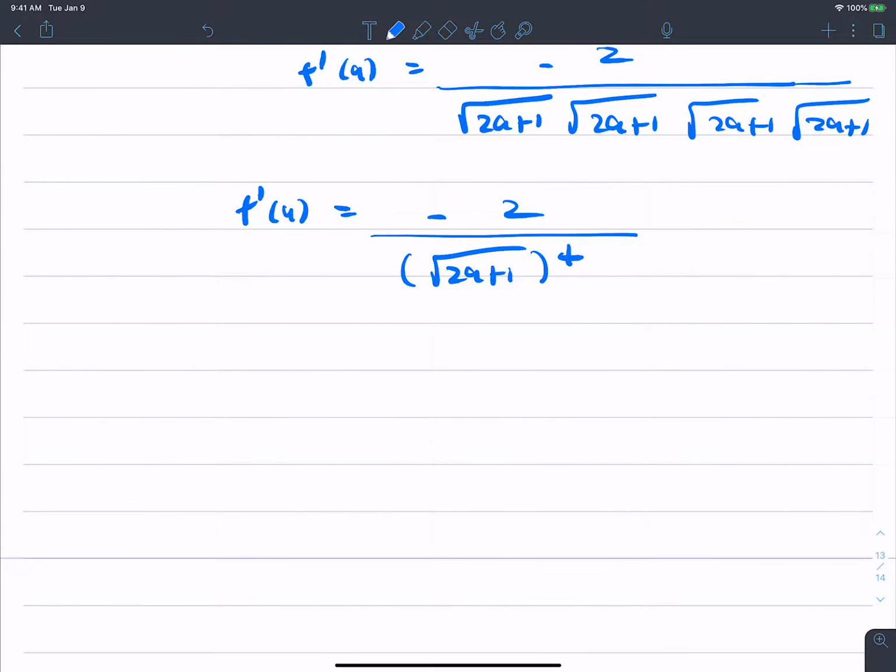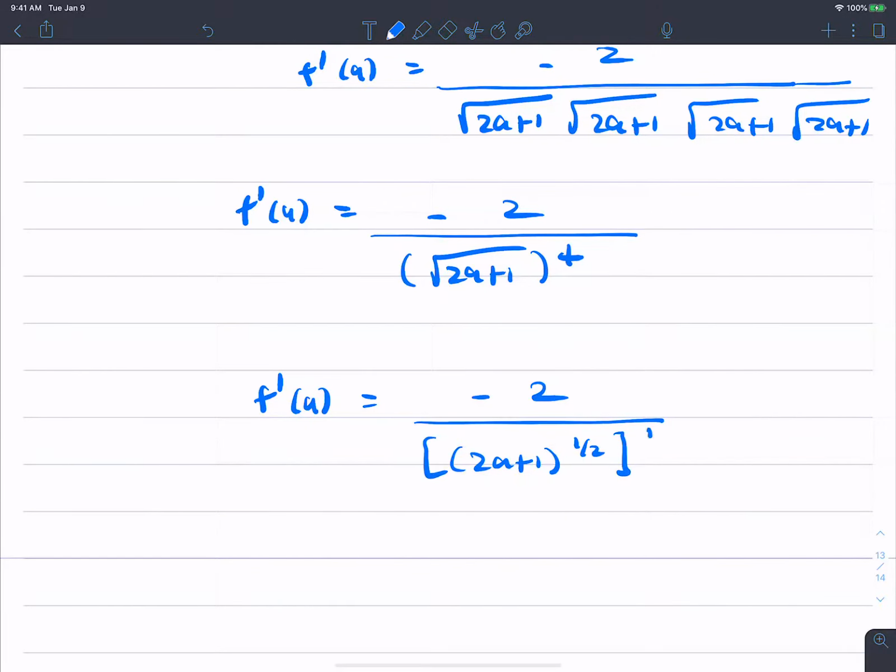And I want you guys to notice something here. We're still using algebra. 2a plus 1 to the 1/2, raised to the 4th power. Focus on the power. Properties of exponents.